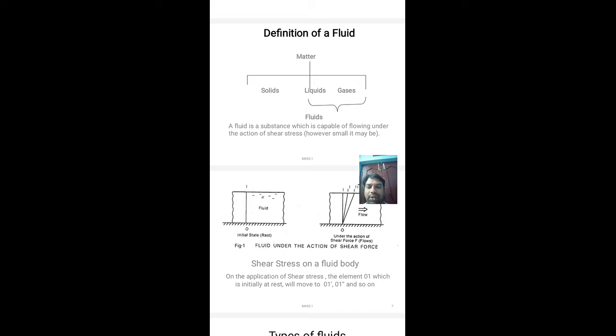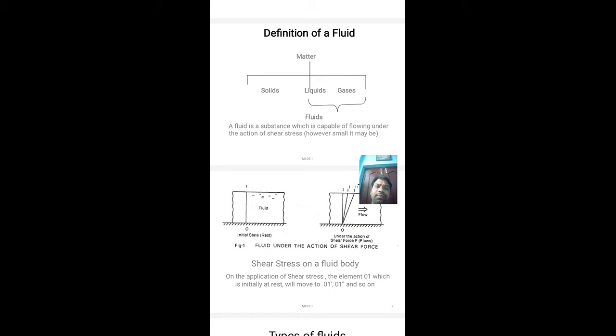So fluids have no particular shape and they deform continuously under the action of shear force. However small the force you apply, they go on deforming continuously, whereas a solid resists the shear or deforming force.